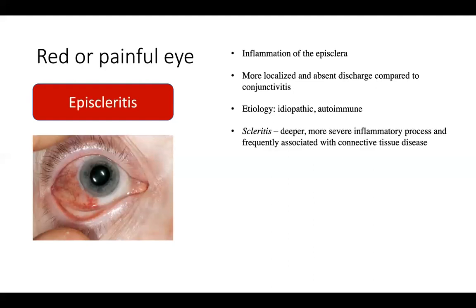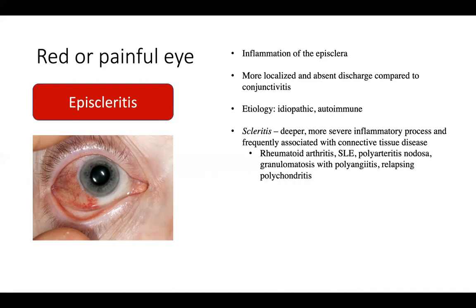Scleritis refers to a deeper, more severe inflammatory process that is frequently associated with a connective tissue disease such as rheumatoid arthritis, SLE, polyarteritis nodosa, granulomatosis with polyangiitis, relapsing polychondritis.